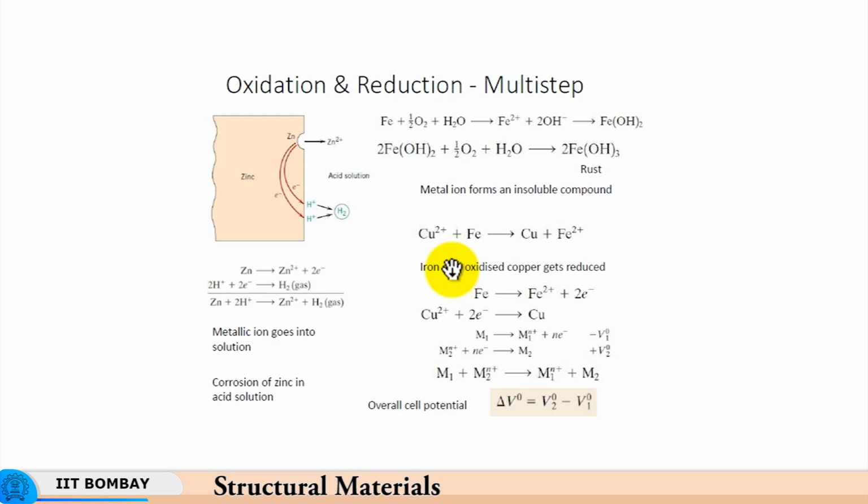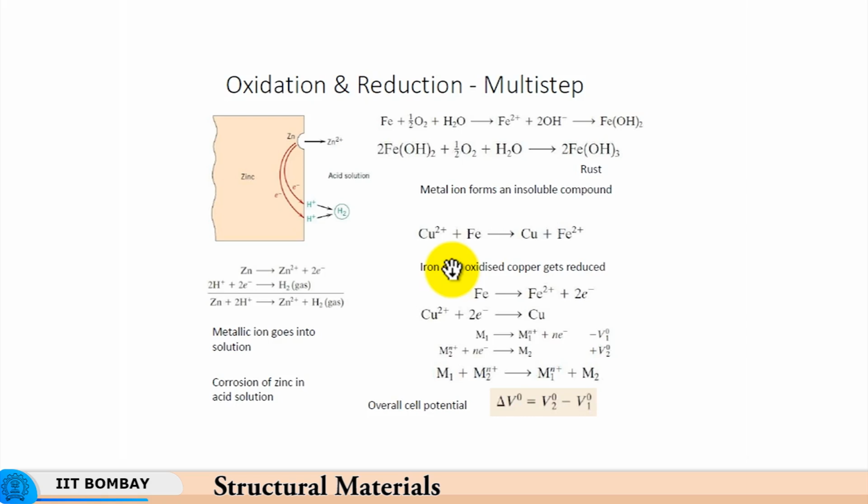Either you quenched the material too fast, the cooling rates were different, or the heating rates were different. There can be various reasons for residual stresses to get generated, and that is how the reactions take place. So, here the overall reaction is zinc plus 2H plus gives Zn2 plus plus H2 gas.